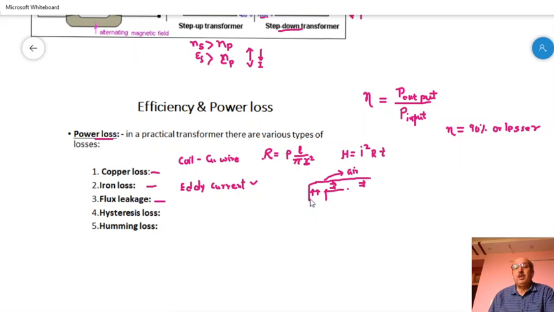But some of them leak to the air, and this is called flux leakage. The magnetic field which is coming out from the iron core is called flux leakage.